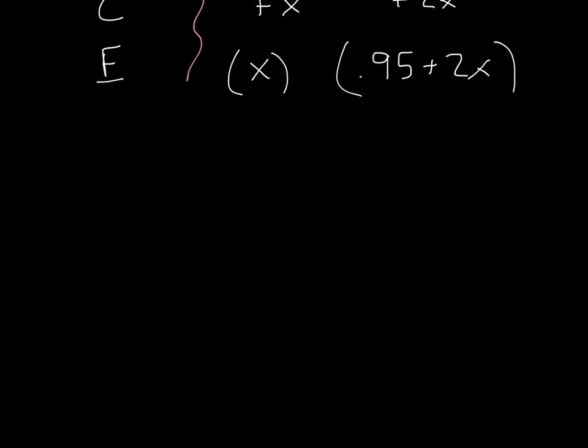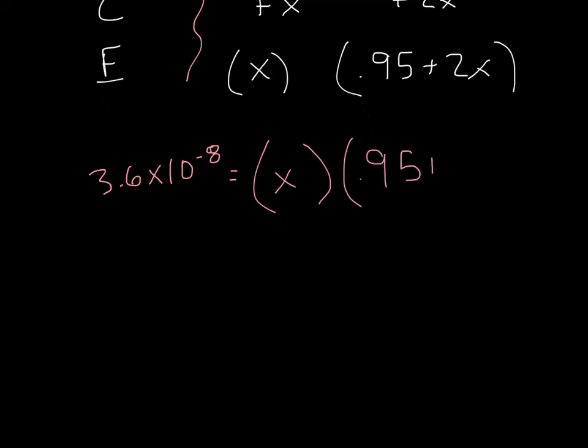Let's see how this is going to work out. I'm again going to plug this into my equilibrium expression. We'll get 3.6 times 10 to the negative 8th is equal to my concentration of lead times my concentration of the fluoride ion squared. Now here's where I need to do a little bit of thinking. This tiny value for K means that at equilibrium I'm not going to have many products.